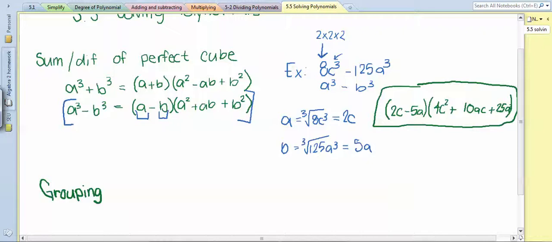We're going to group. So let's say I give you 3ax plus 2ay plus, let's say, az plus 3bx plus 2by plus bz.